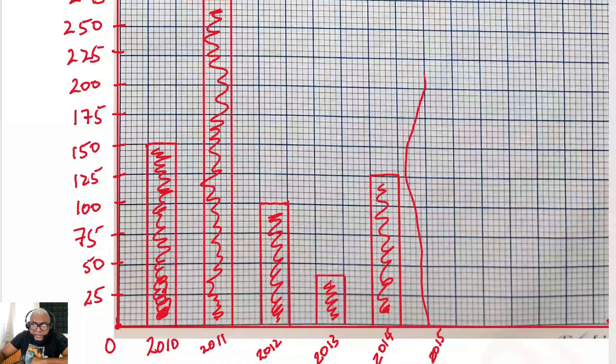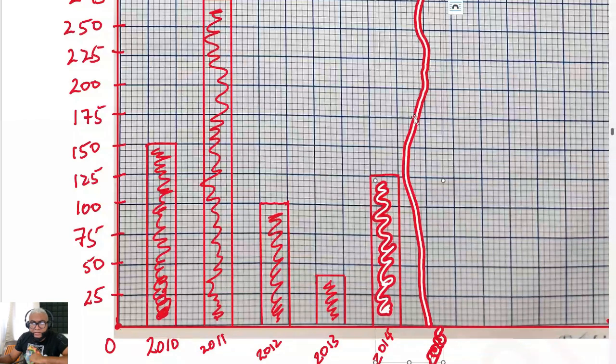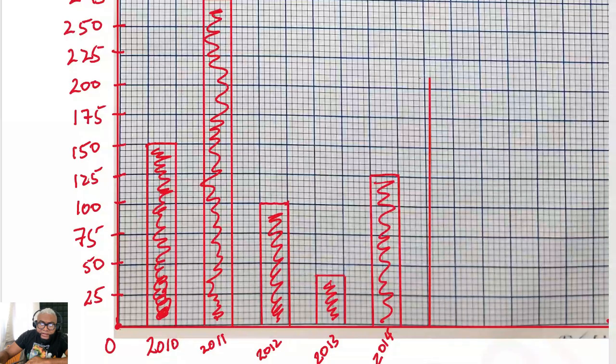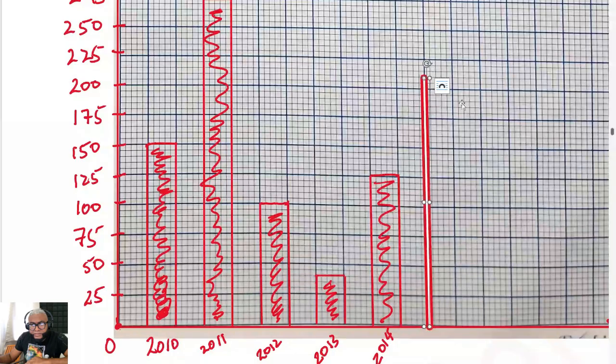210. So this will be, hold on here. This thing wants to autocorrect. Let me delete that. All right. 210. For 2015, this is 2015, right? 210 will be here.